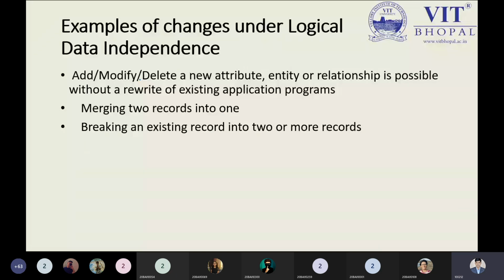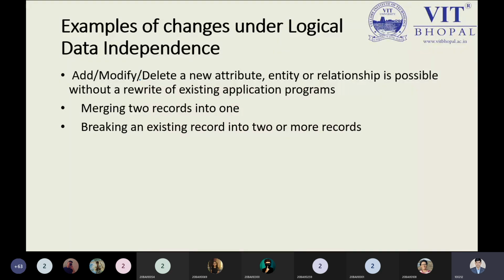Add, modify, delete new attributes or information. Suppose I'm removing, modifying, or deleting an attribute. I'm removing the gender attribute or field, I can say. The data which is held by the other parts will not be changed. If it is changing, then there will be no sense for that part.